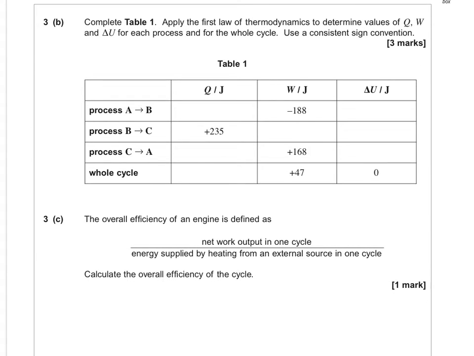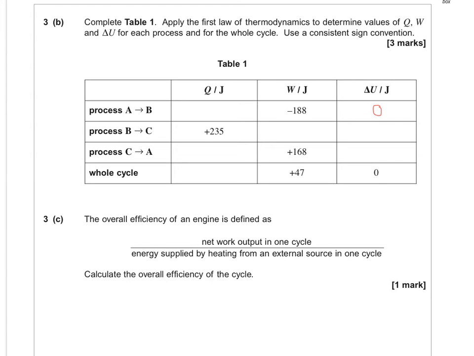Apply the first law of thermodynamics to determine the values of Q, W and delta U for each of the processes and for the whole cycle. Use a consistent sign convention. The first process was isothermal, so we know that the internal energy does not change, so we can put that in there.